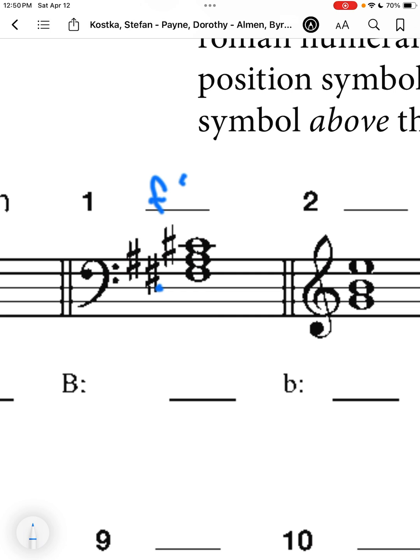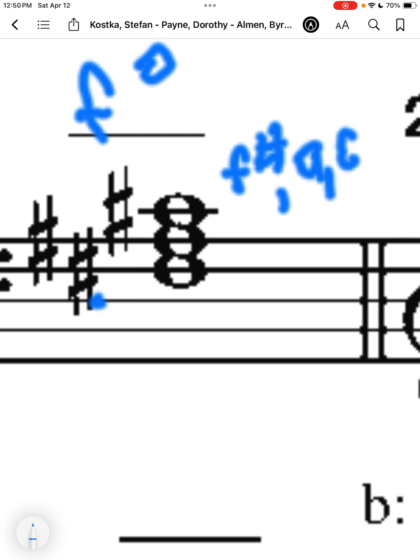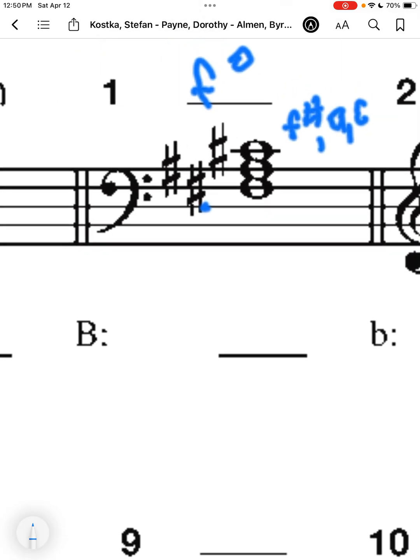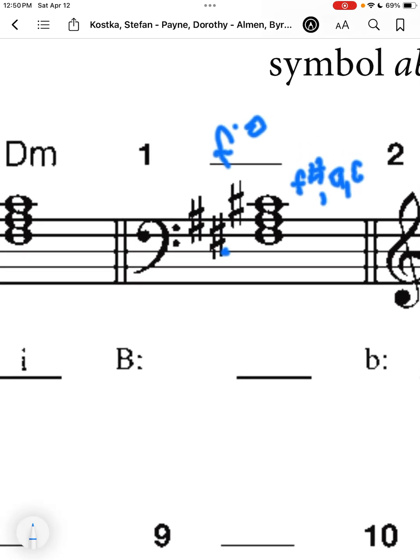Okay, it would be a diminished because then again you have F sharp being there, and sometimes I get confused. Write it down. A is being in my chord too, and C also being in the chord, and that would have been F sharp, F sharp.